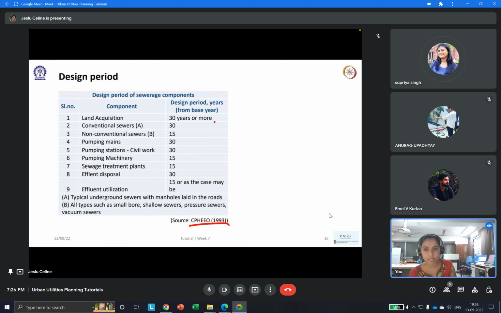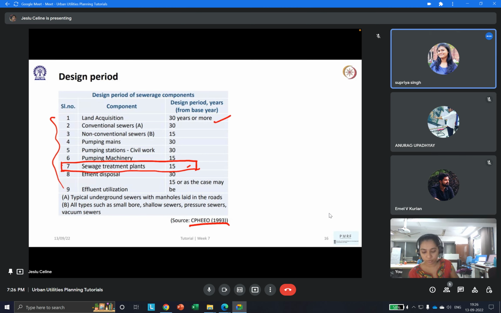So this is the design period aspect which we take. Here, the seventh one is the sewage treatment plant. This is for other components in our sanitation system. So the treatment plant is for 15 years. Fine. Any doubts in this question?